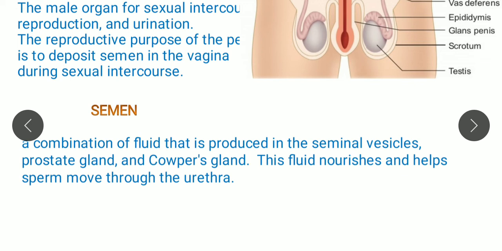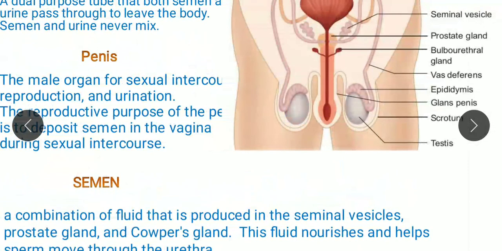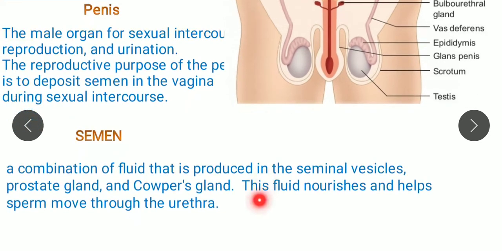The combined secretions of the bulbourethral gland, the prostate gland and the seminal vesicles form a fluid called semen.